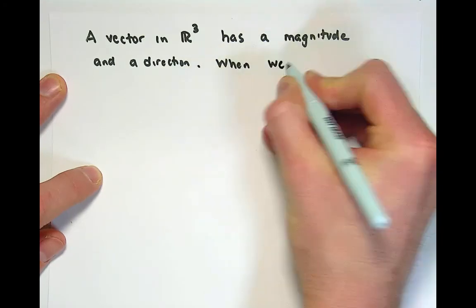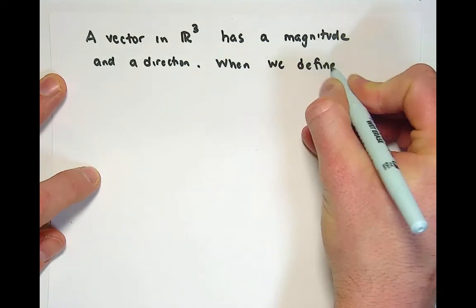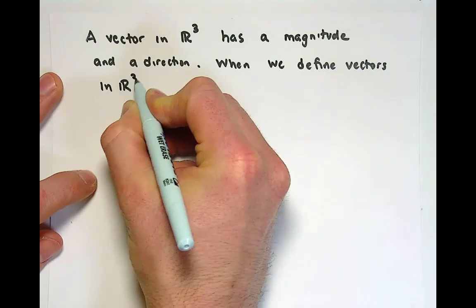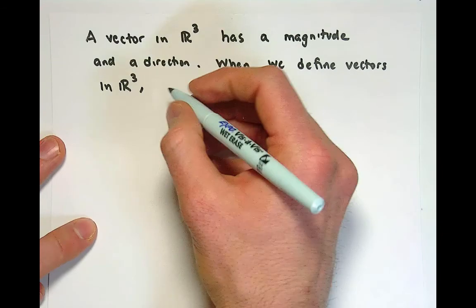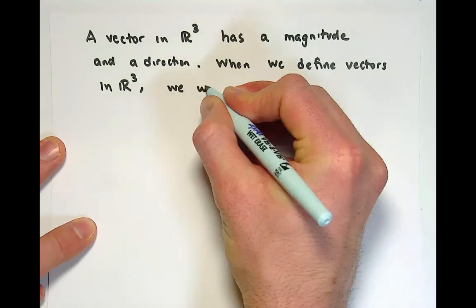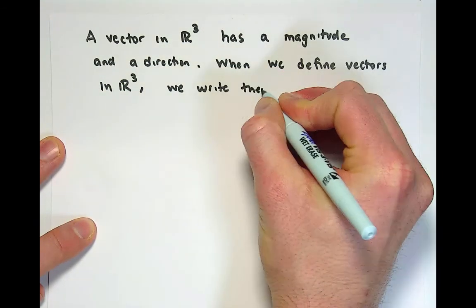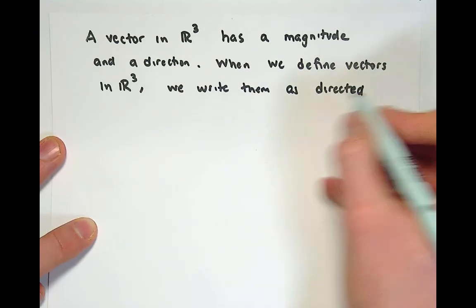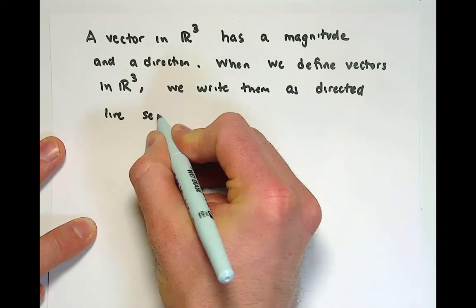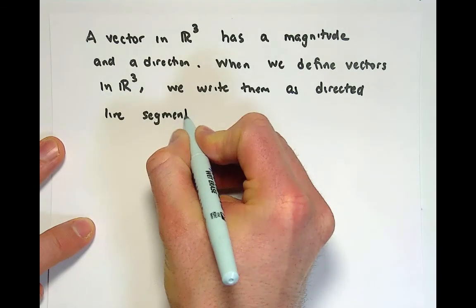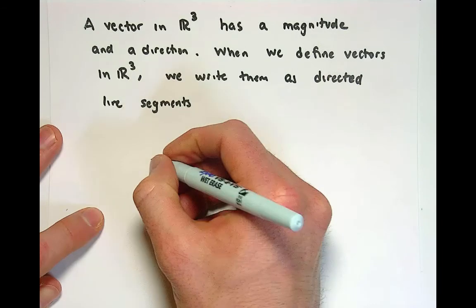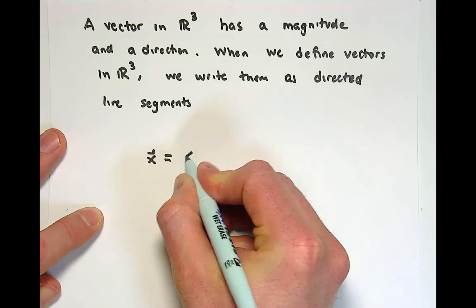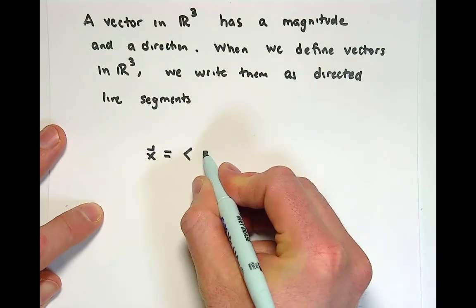When we define vectors in R3, we write them as directed line segments, just like we did in R2. Where if we write a vector x, and perhaps x has 3 components.